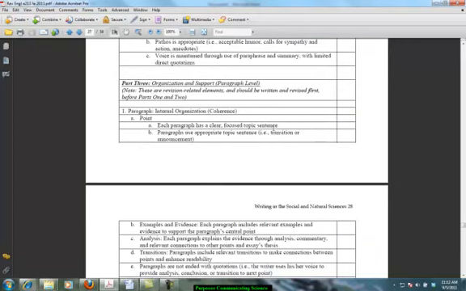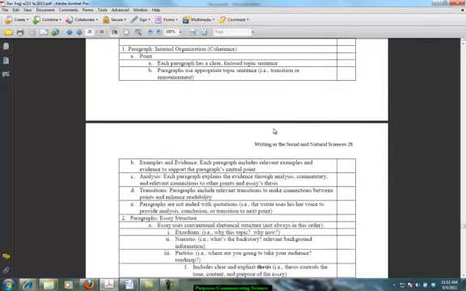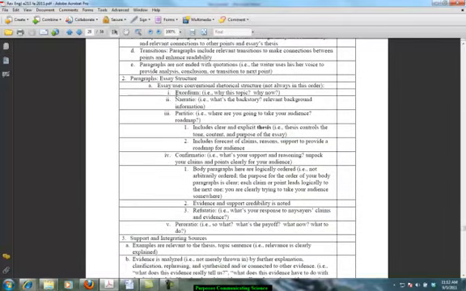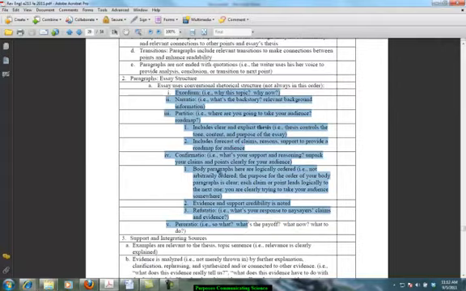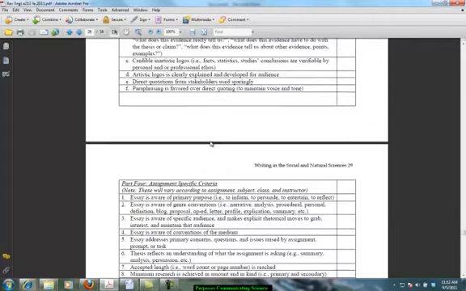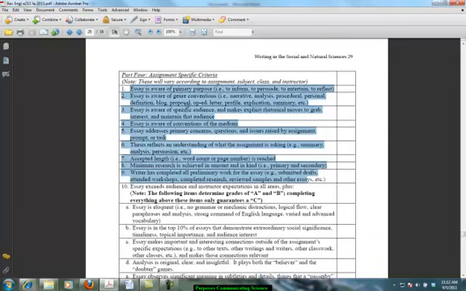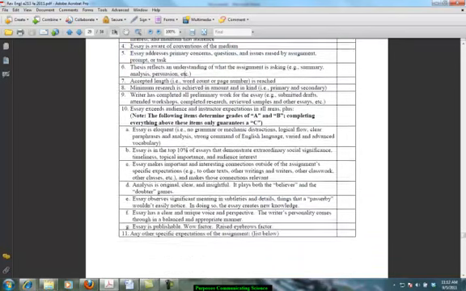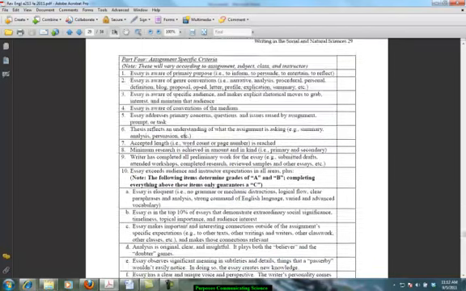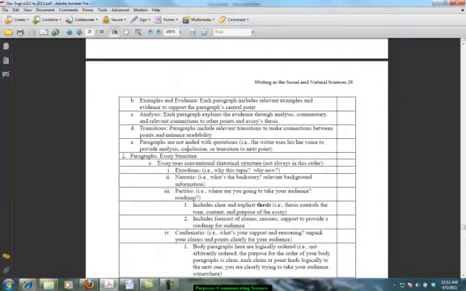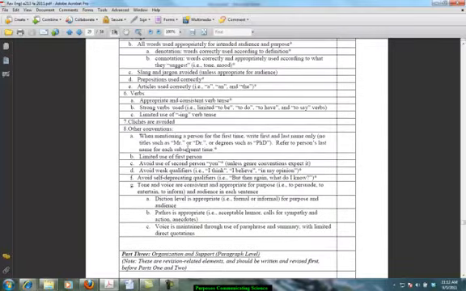Part 3 is about revision-level things, paragraph things, the bigger picture, the structure, which is kind of what we've already gone over. And then part 4, again, much bigger things, that you're aware of the purpose and things like that. So use this as a guide as you're going through this part of the writing process.